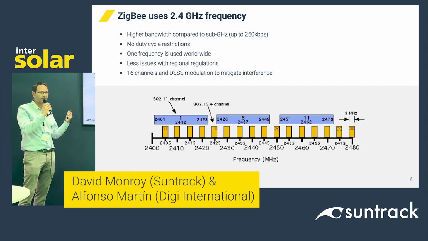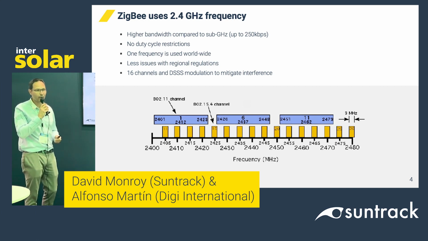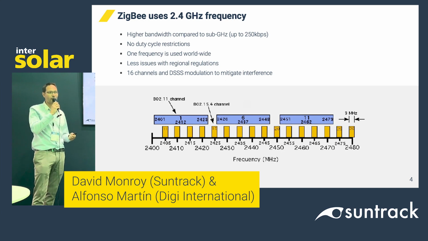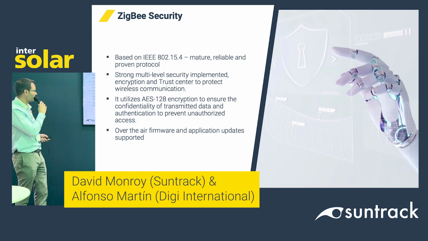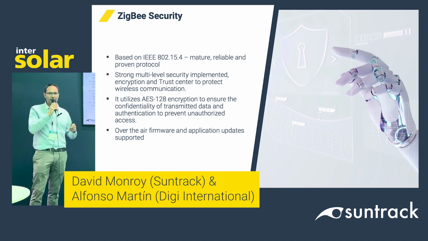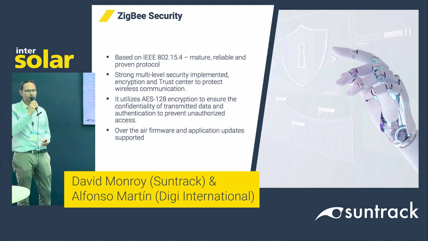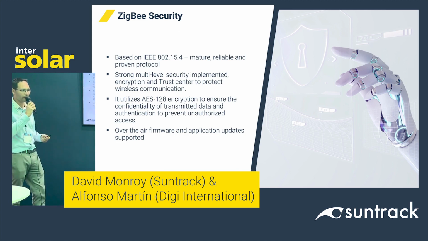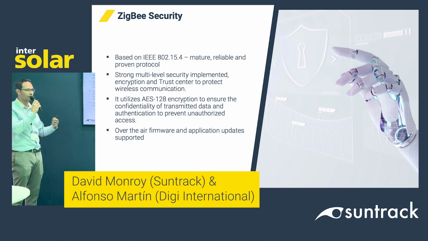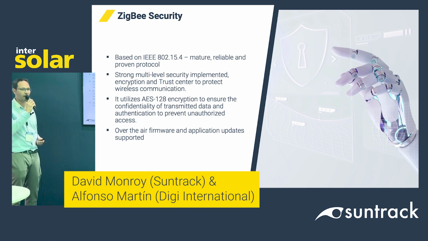Zigbee using this 2.4 GHz band can also coexist with other technologies or other protocols. Below Zigbee is used what is called 802.15.4, which is a proven and mature protocol used in millions of devices all around the world.